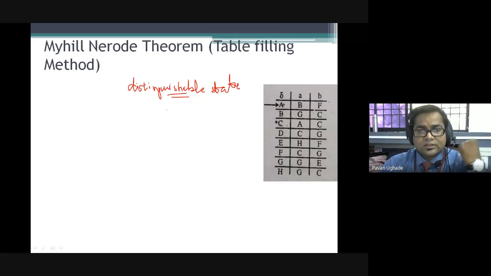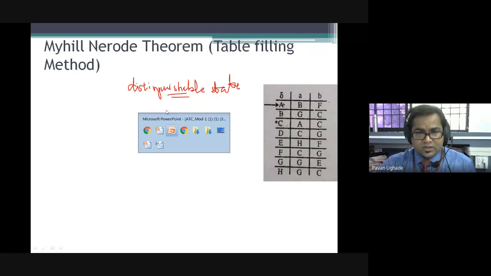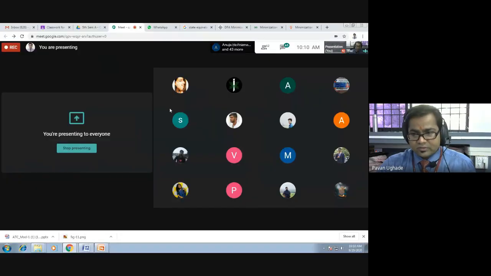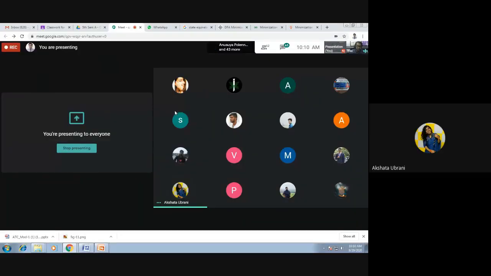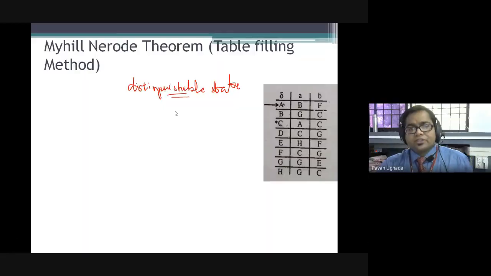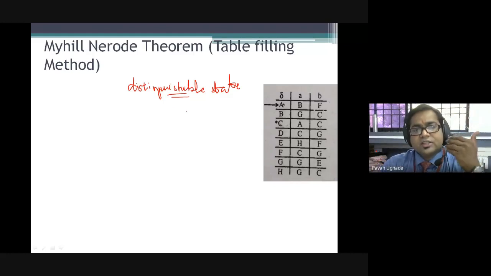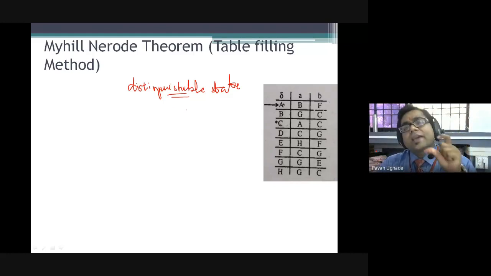Yes, class, you can unmute and tell me. Yeah, Akshata: which can be differentiated, which can be differentiating. Very good. Yeah, that is distinguishable, differentiating in the sense of different characters.